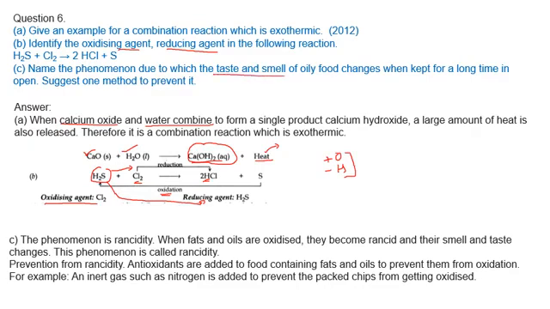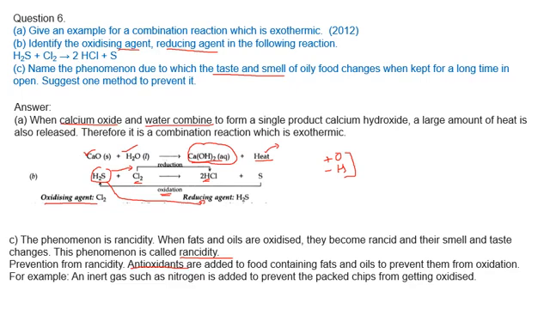Okay. Now coming to the next question, name the phenomenon due to which the taste and the smell of oily food changes when kept for a long time in the open. This is definitely rancidity. Suggest one method to prevent it. We can use antioxidants to prevent rancidity. Rancidity is a phenomenon in which the taste and the smell of fatty or fried food change.